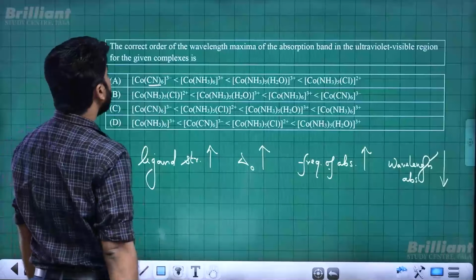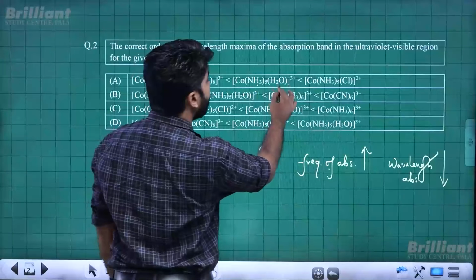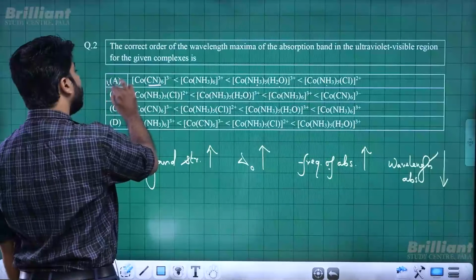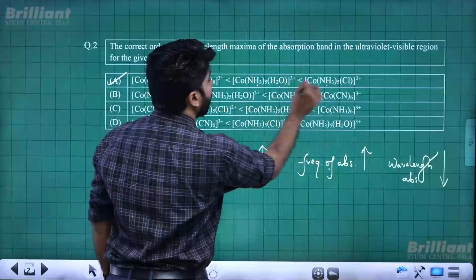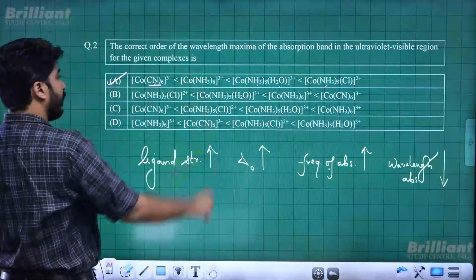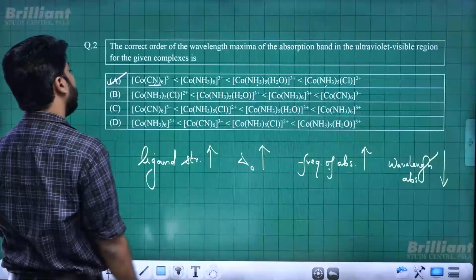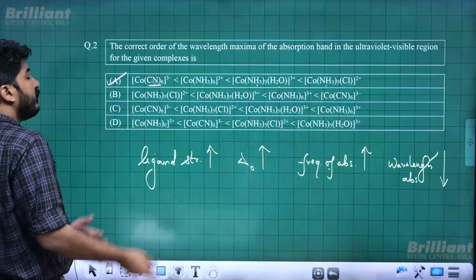So stronger the ligand, lowest is the wavelength absorbed. So cyano is the strongest ligand, and ammonia along with aqua ligand, ammonia along with chloride ligand. So this is the order of ligand strength, and therefore the correct answer here. We want the opposite order of ligand strength, so wavelength absorbed follows the reverse order.